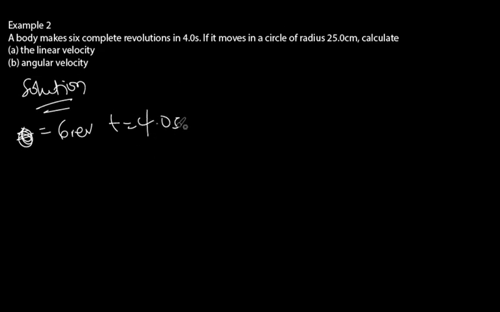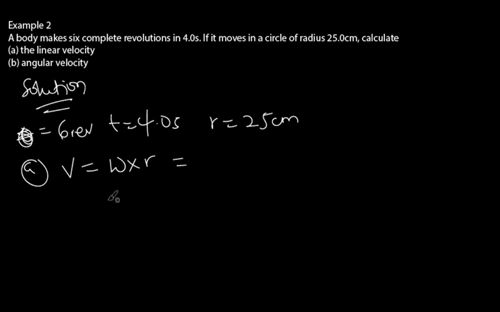And then we have the radius, which is 25 centimeters. So we have to calculate A, the linear velocity. Now we know that the linear velocity v is equal to the product of the angular velocity times the radius.